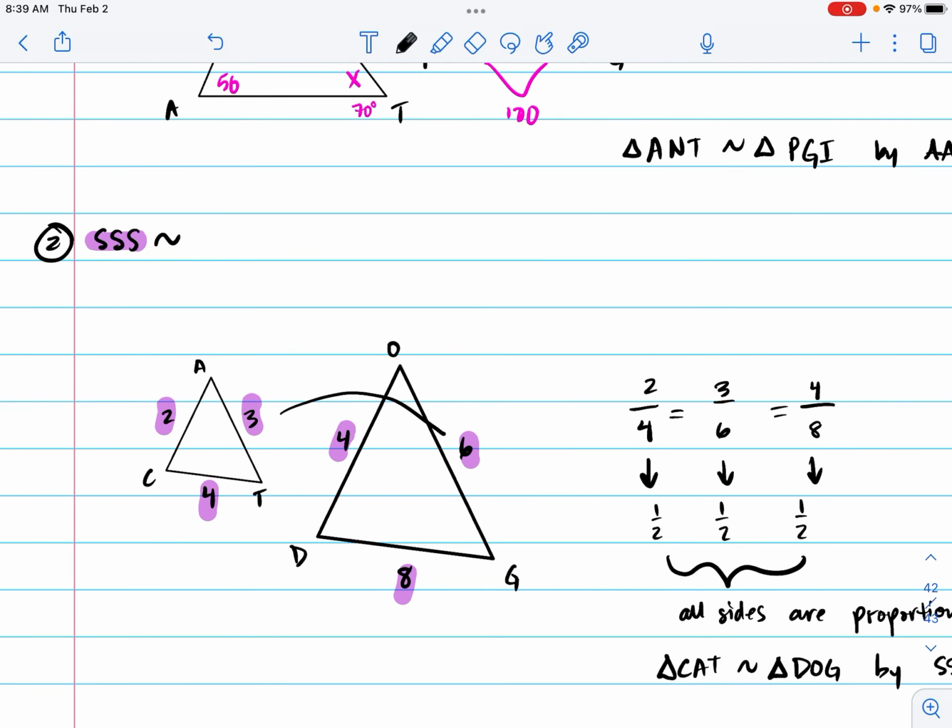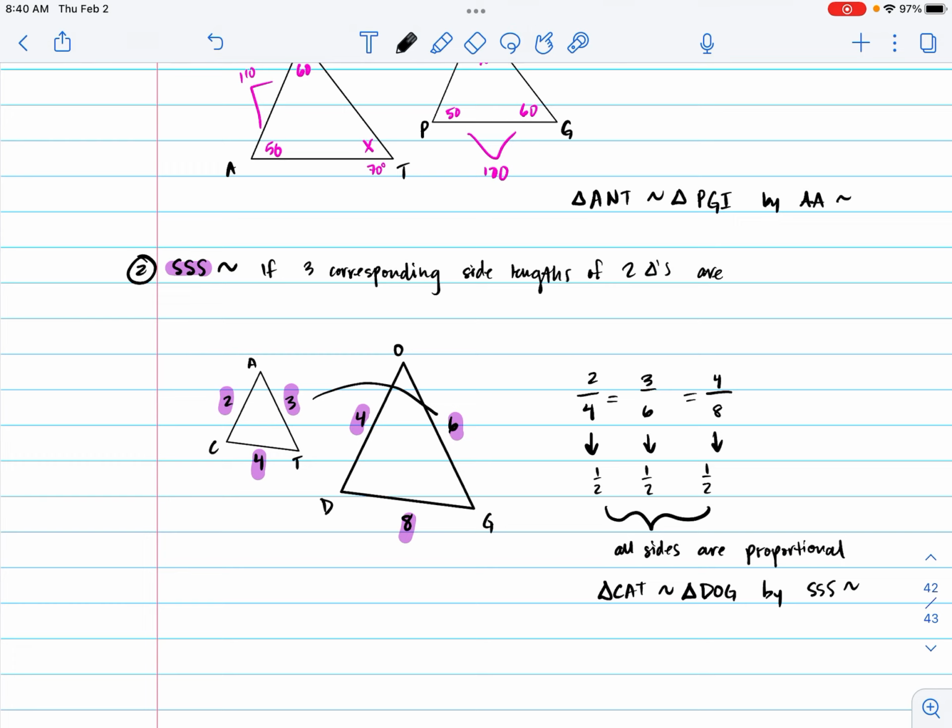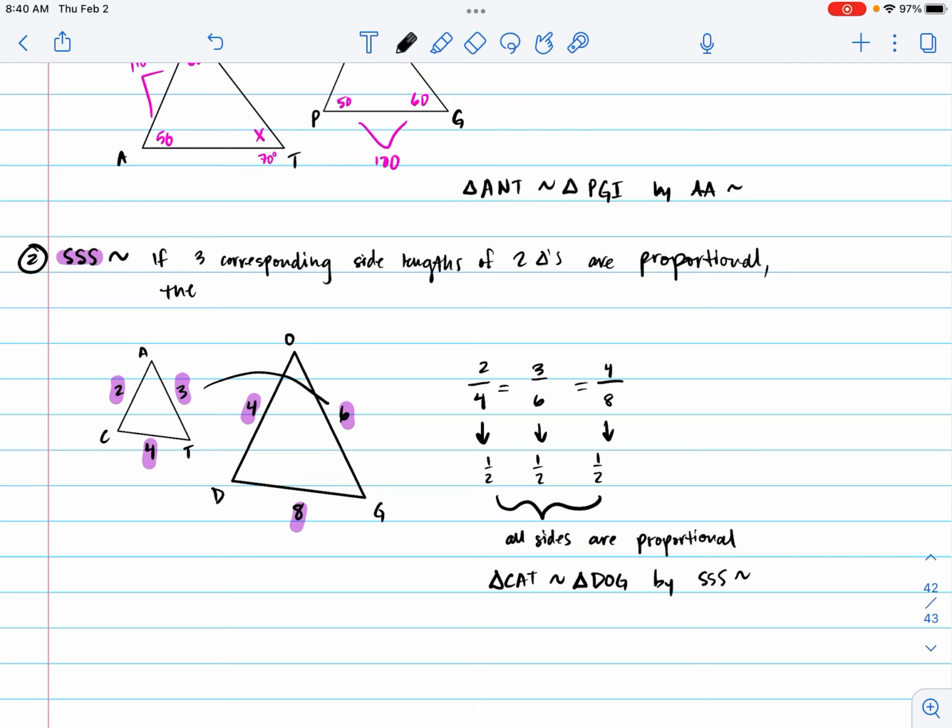So let's write this actual if-then down. If 3 corresponding side lengths of 2 triangles are proportional, then the triangles are similar.